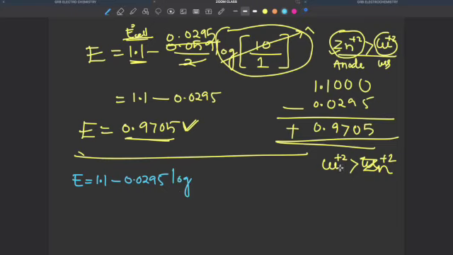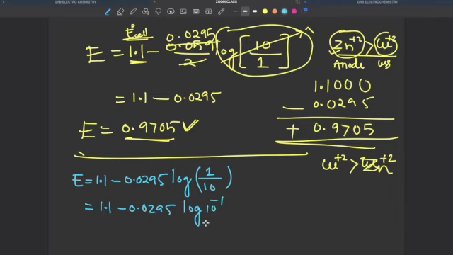Now the copper concentration is 10, and the zinc concentration is 1. So we solve this: 1.1 minus 0.0295 into log. So log 1/10 can be written as 10 power minus 1.